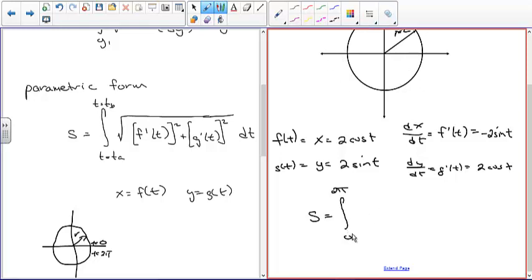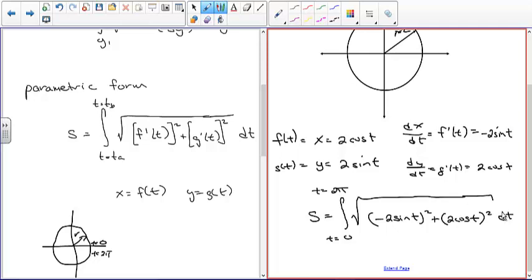So we integrate from t equals 0 to t equals 2 pi, and we take the square root of f prime of t, which is negative 2 sine t, squared, plus g prime of t, which is 2 cosine t, squared, and we multiply by dt.